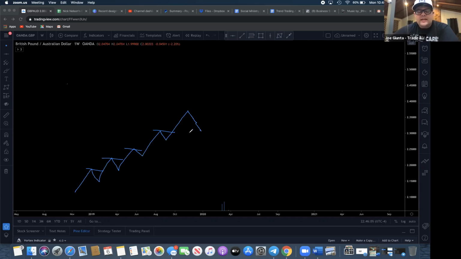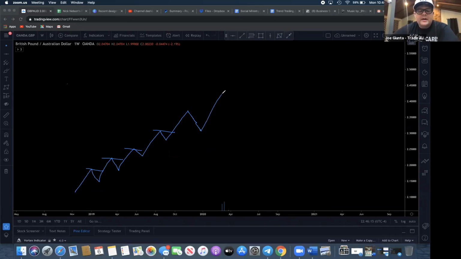It's not always going to be down to the pip. It could be within 20, 30, 50 pips, depending on the chart you're on. If you're on a weekly chart, it could be 100 pips, whatever. But we're expecting it to come back into here and then push back up, and to retest all of the zones. So every time a new level is broken, now this level needs to be tested.